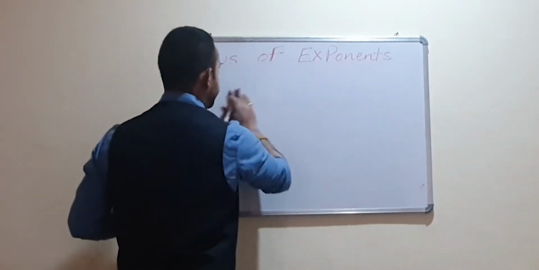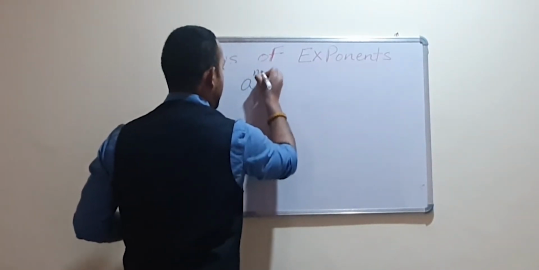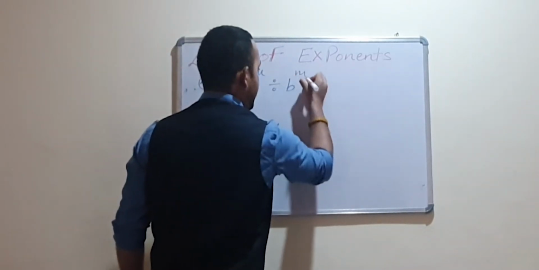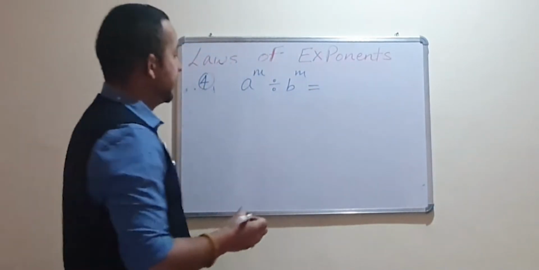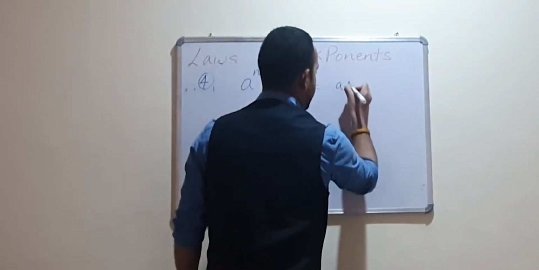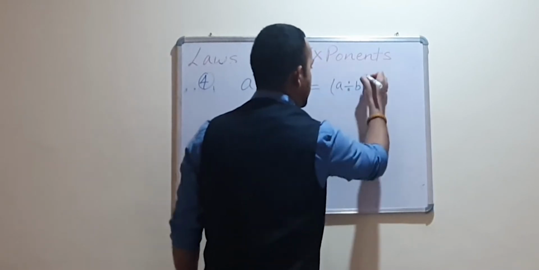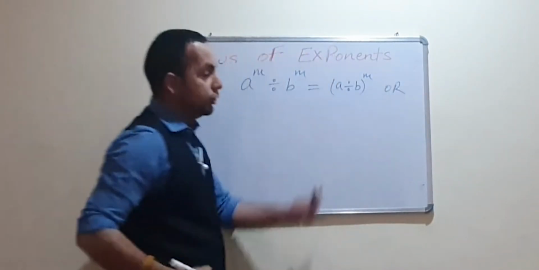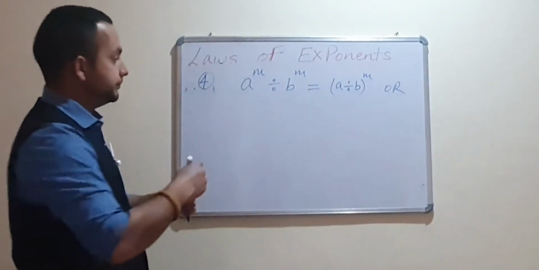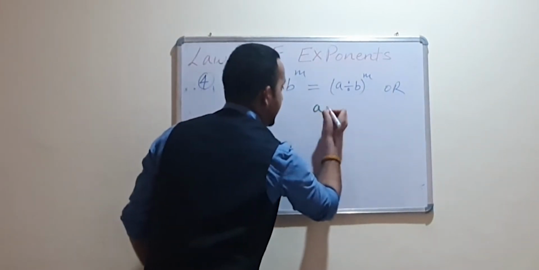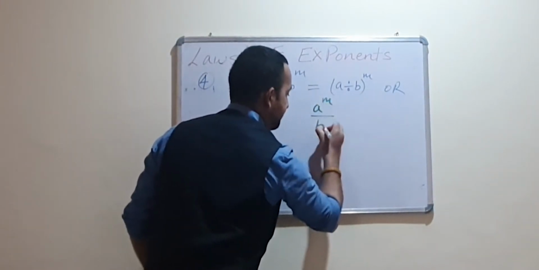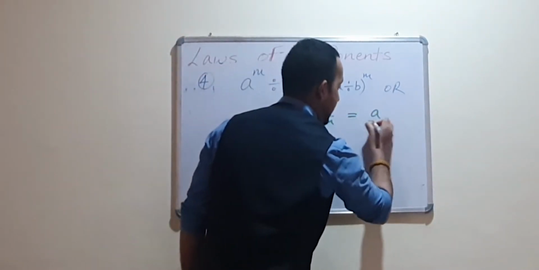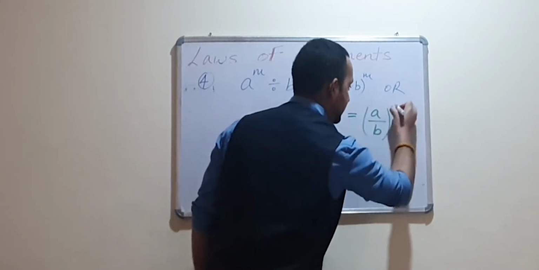The fourth law is a raised to the power m divided by b raised to the power m, which means you can write a divided by b whole raised to the power m, or you can write it as a raised to the power m upon b raised to the power m, or you can write it as a upon b whole raised to the power m.